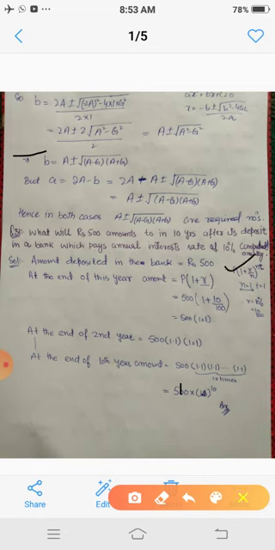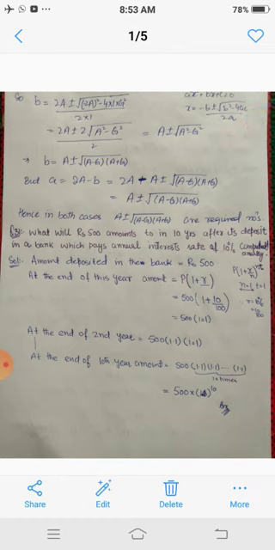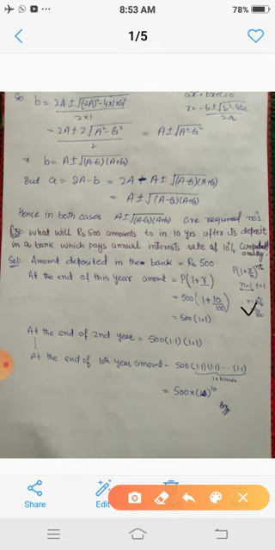We know that at the end of the first year, amount will be P into (1 plus R), where P is the principal amount, the initial amount which is 500, and R is the rate. Here rate is 10%, which when we convert into fraction is 10 upon 100, which is 1 by 10.